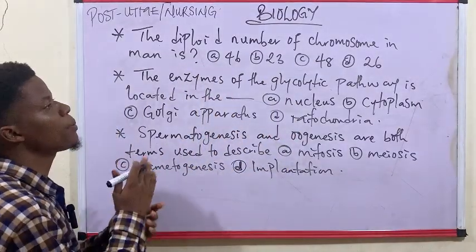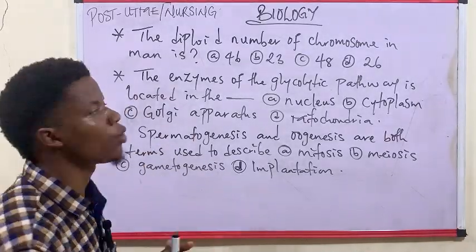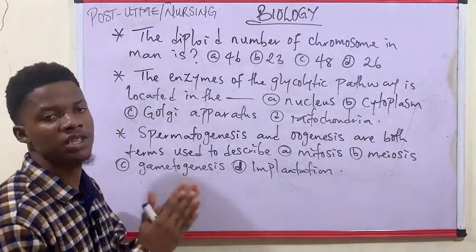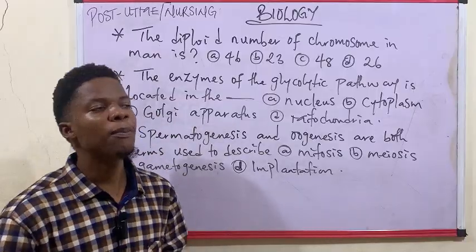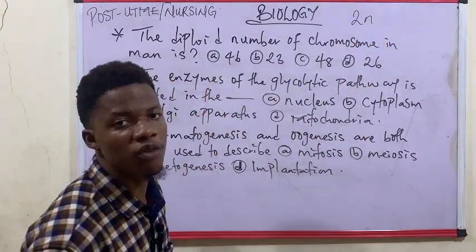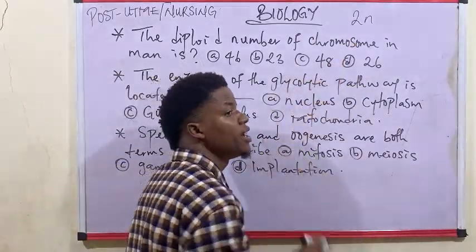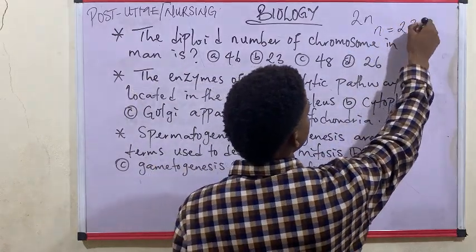Okay, look at question 1. The diploid number of chromosomes in man is: A, 46; B, 23; C, 48; D, 26. Now, if they tell you haploid, we are referring to N. Diploid is 2N. In the case of man, our N is equal to 23.